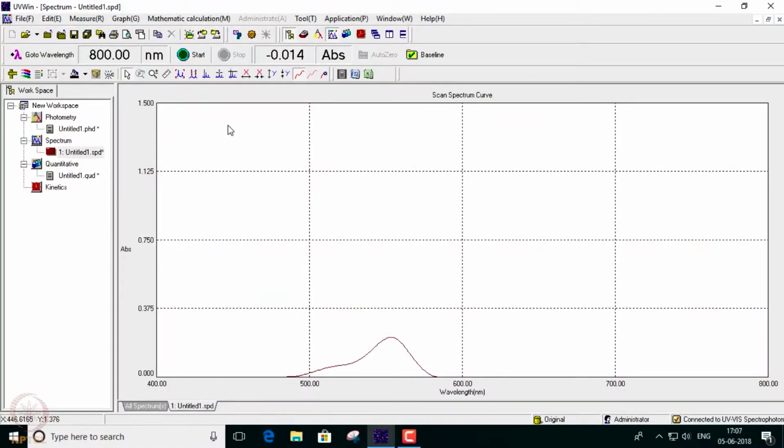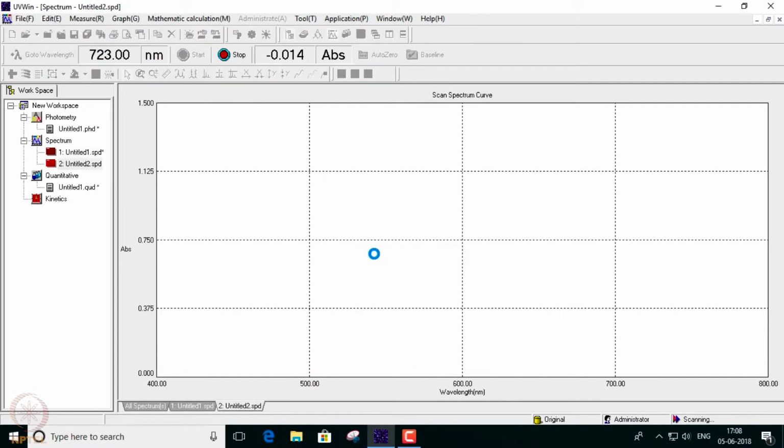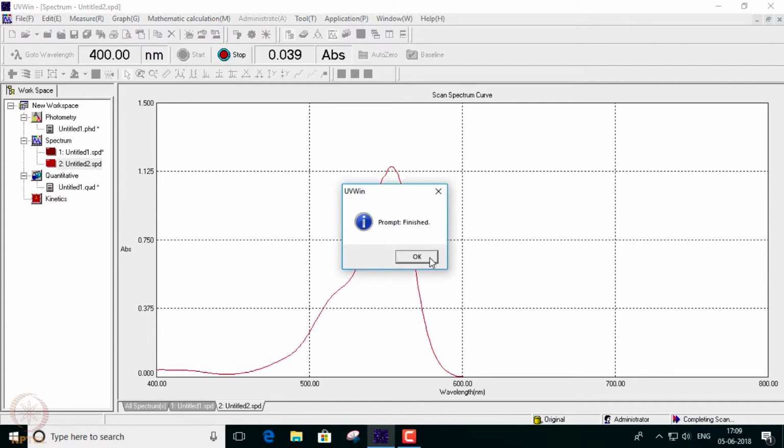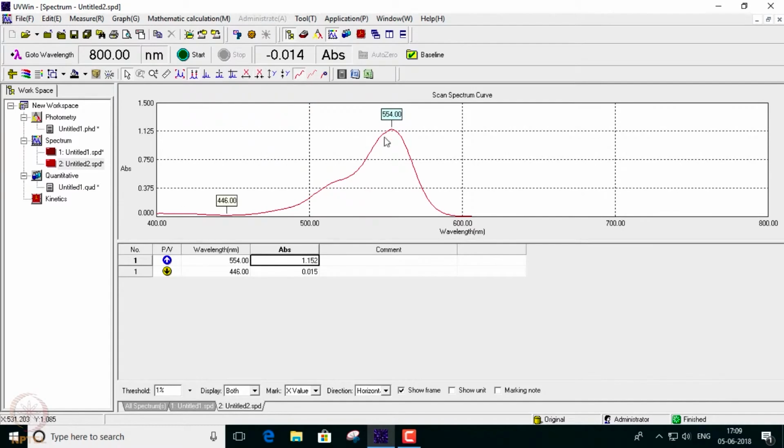Now that the measurement is complete, we will save the scanning results, and again if we do a peak pick, the value of absorbance now comes out to be 1.152, and therefore the new solution being prepared is of the order of 10 to the power minus 5 molar.